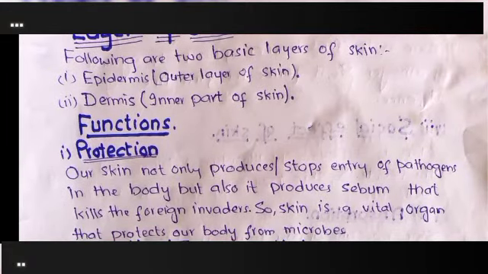The first basic function of skin is protection, because skin covers our body, so it protects our body from the entry of different pathogens that may produce different diseases. So skin plays its role as a vital organ in the protection of the body.